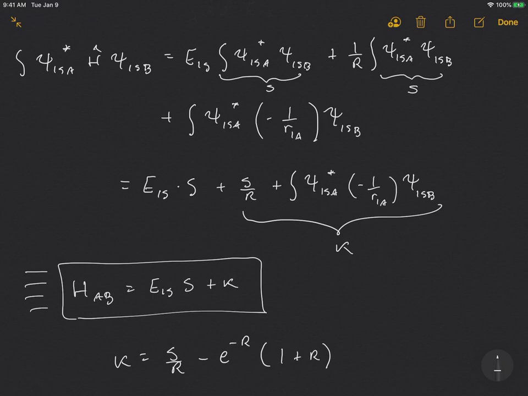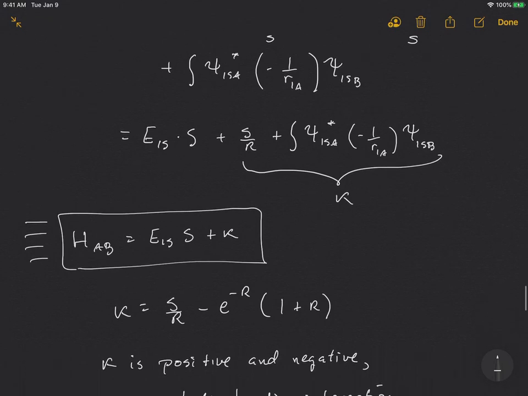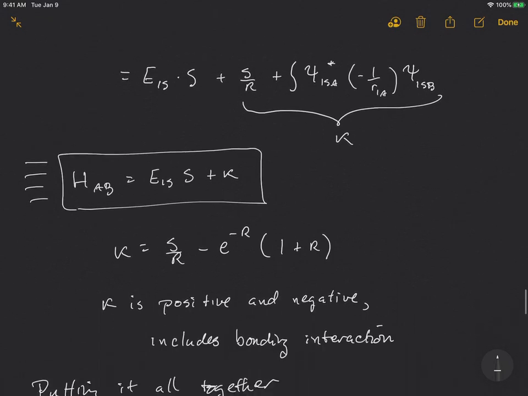And this is a somewhat complicated integral. Fortunately, there is an analytical solution, and this solution is s over r. Again, s over r, we saw where that came from, minus e to the minus r times 1 plus r. Now, if we look at this, depending on the value of r, this first term is positive, the second term, this e to the minus r term, is negative, and it's not clear which will win.